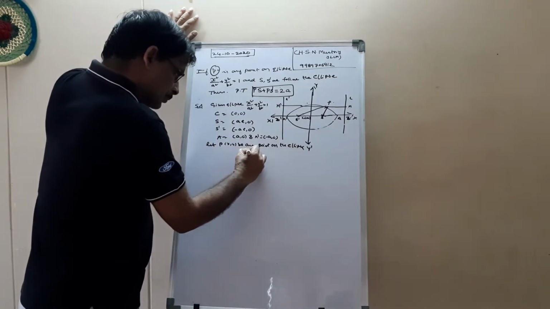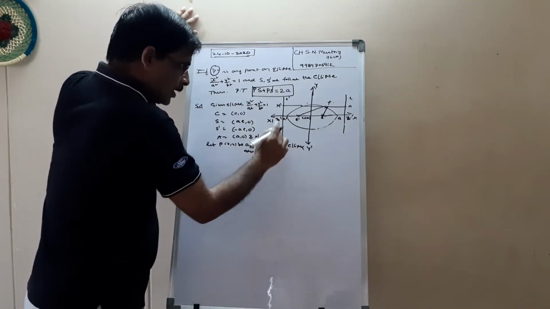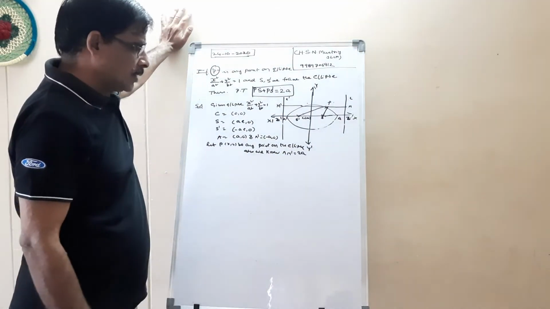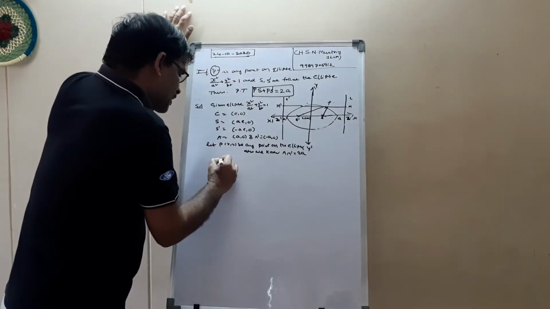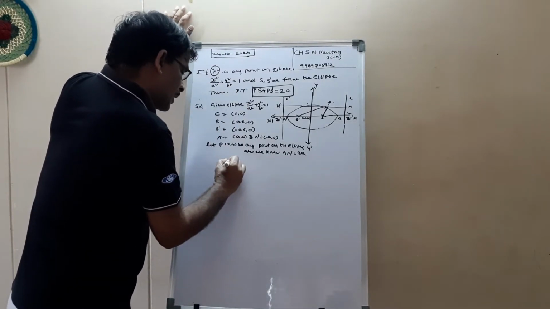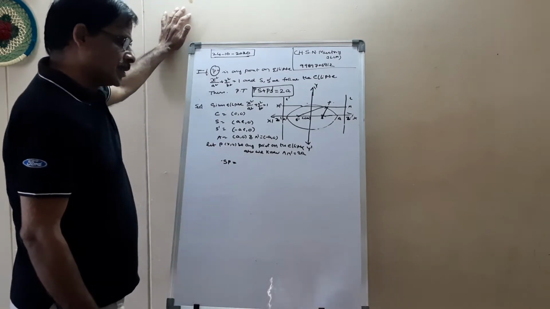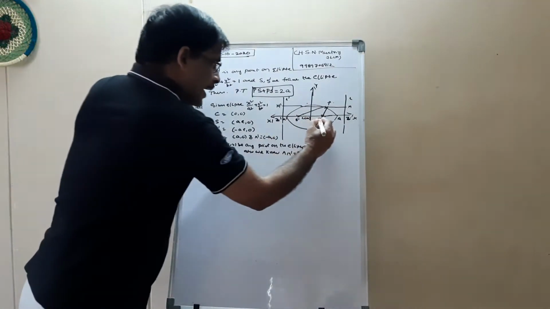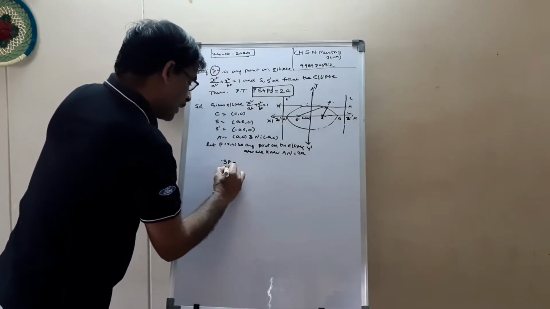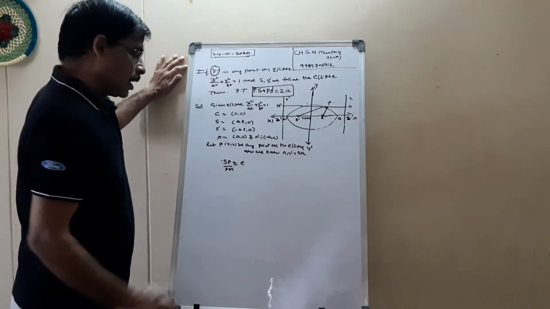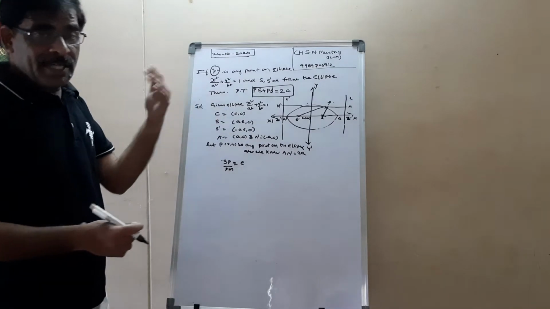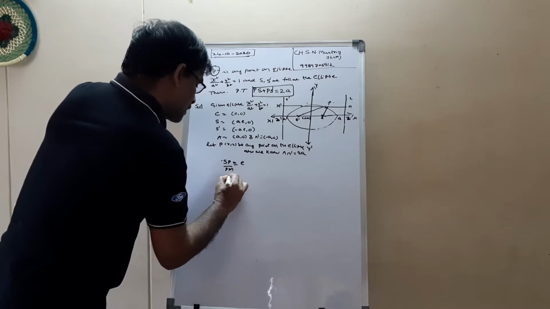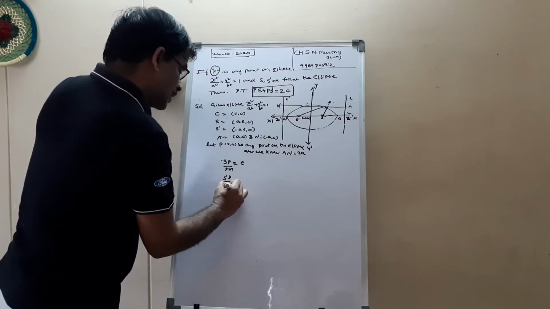Also we know A A dash equal to 2a. Yesterday we proved. Now SP or PS. What is SP? What is our conic definition? SP by PM equal to e. Or on this side, S dash P by PM dash equal to e.